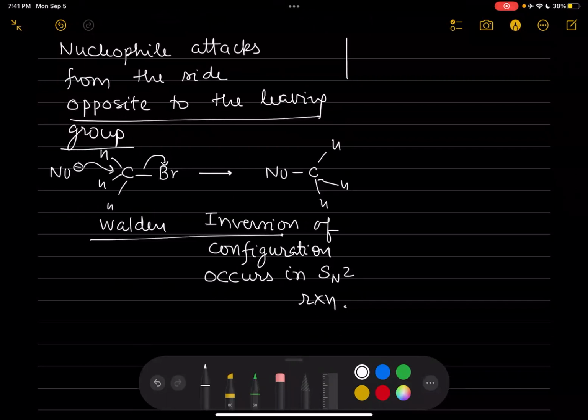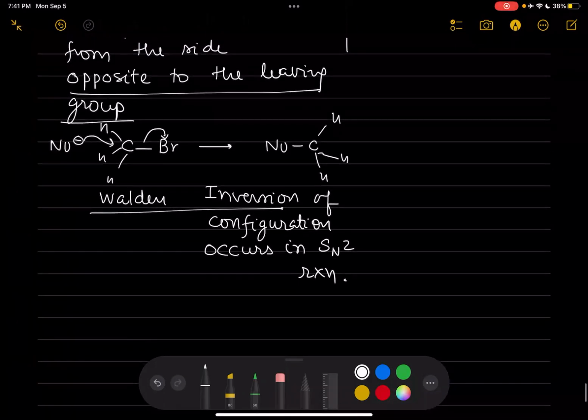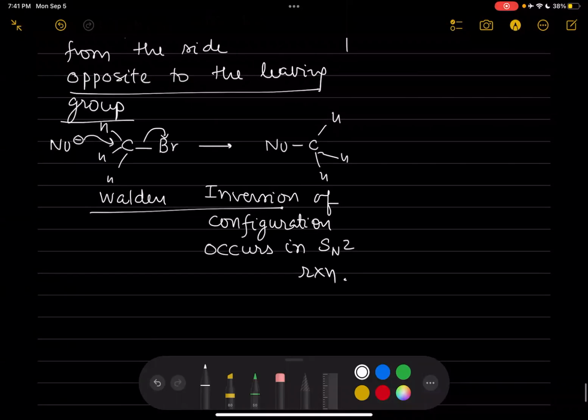It is mainly experienced when you have four different groups. If you have four different groups, that is known as a chiral carbon. A chiral carbon is a carbon which has four different groups. There you experience it more easily, that wherever the nucleophile comes and joins, the bonds change their side.